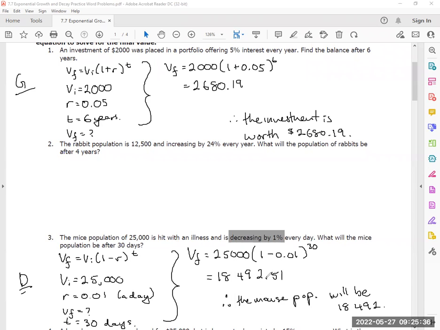This is 492.5. So it's a question of, is it 18,493 or is it 18,492? I'm assuming since we lost half of the mouse, that mouse is gone to mouse heaven or whatever we know about animals. Okay.